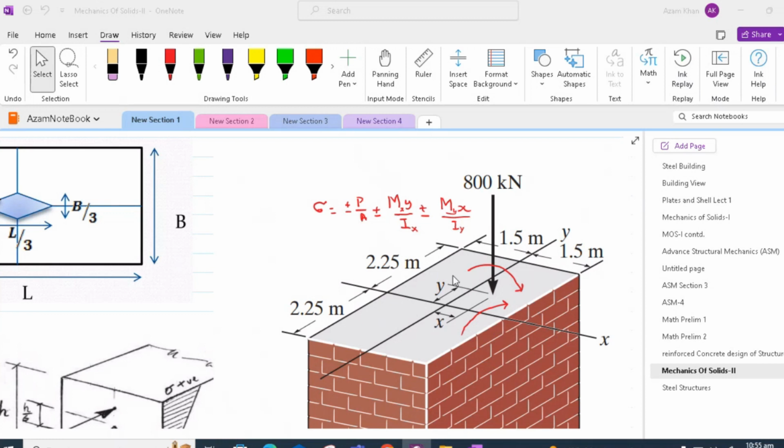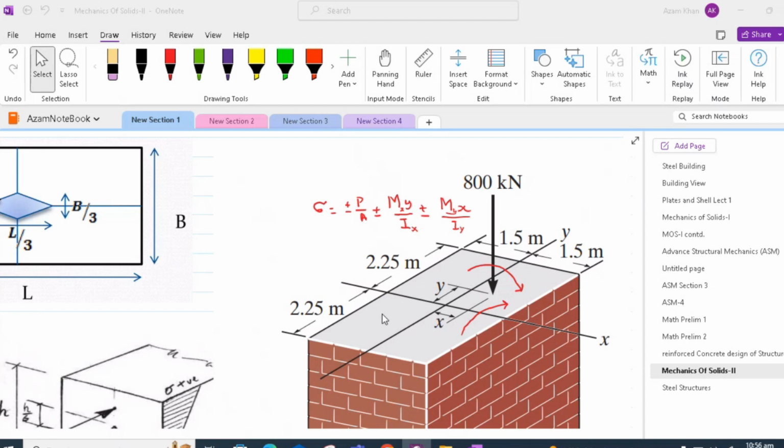We can see that the compressive stress is the same in all four quadrants, which will be equal to P by A. It is the difference in the flexure stresses which will cause different combined stress in each quadrant. So for example, in the second quadrant, we would have the compressive load P by A, the flexure stress about the x-axis compressive and the flexure stress about the y-axis negative.